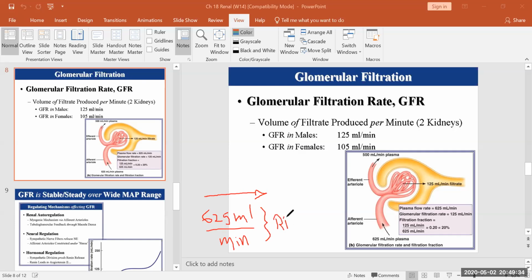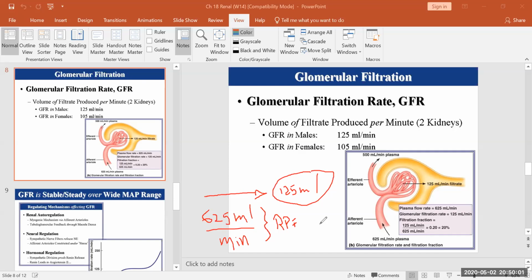Renal plasma flow is the amount of blood plasma going into the glomerulus. And of that 625 ml, only 125 ml are being filtered.